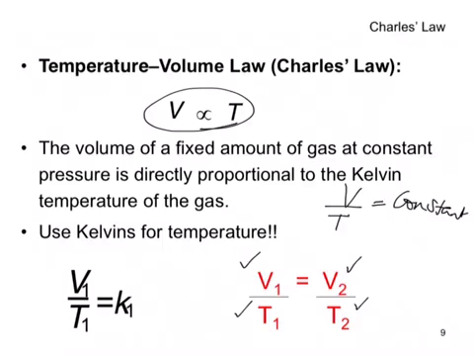So V1 over T1 is equal to V2 over T2. What's important is that the temperature will have to be in kelvins. Whatever are the units of volume V1, the same will be the units for V2.